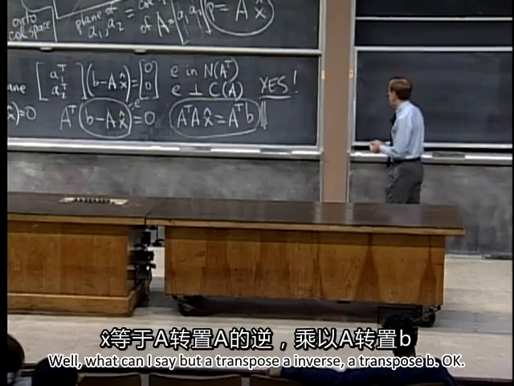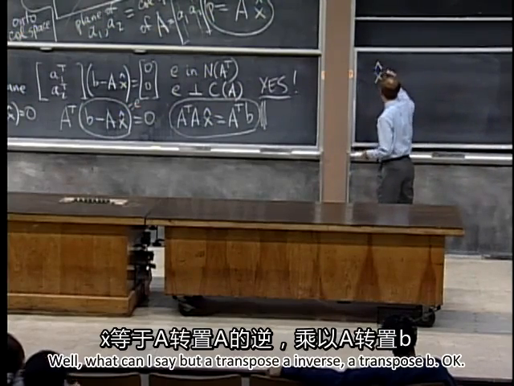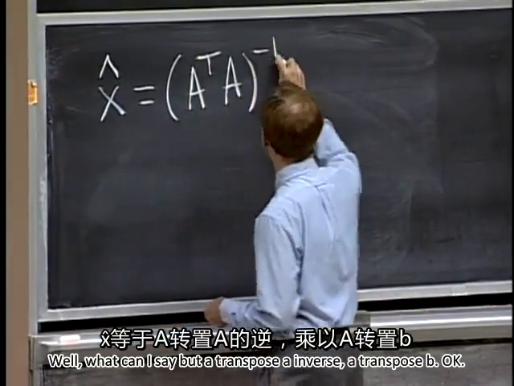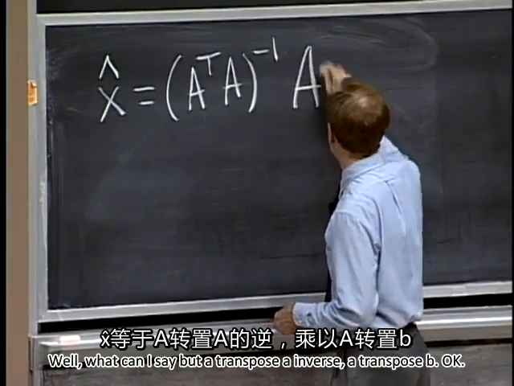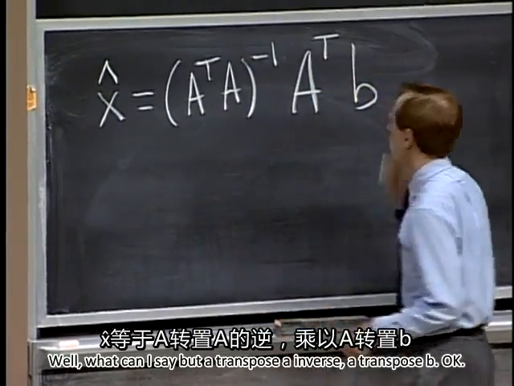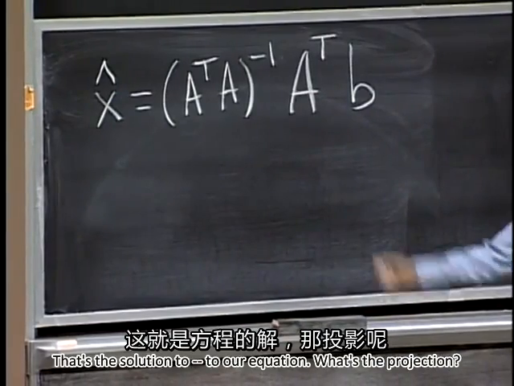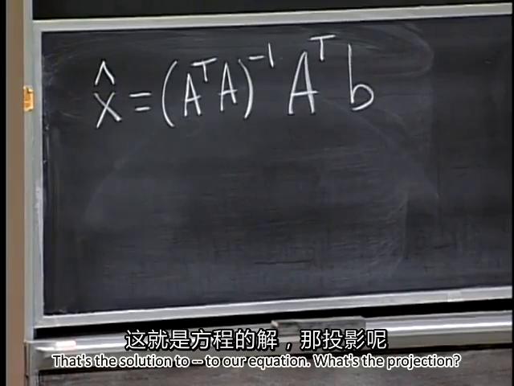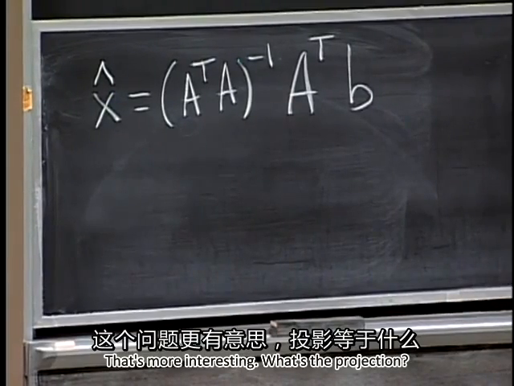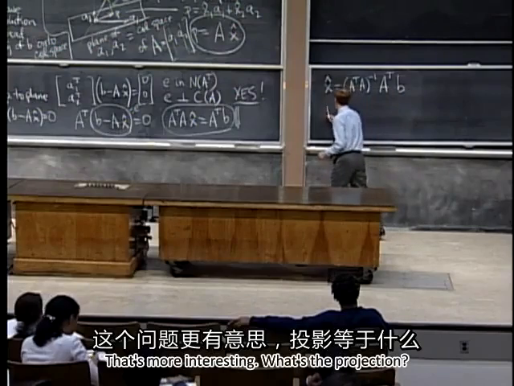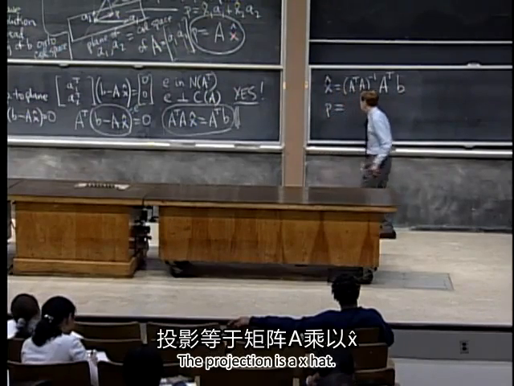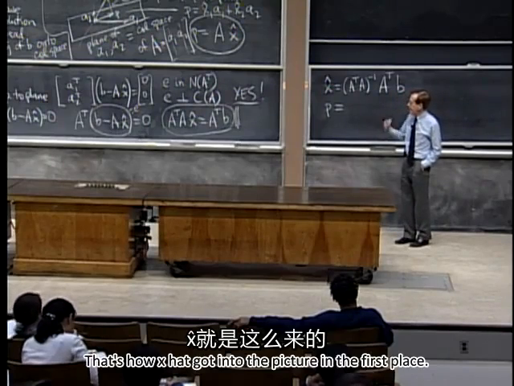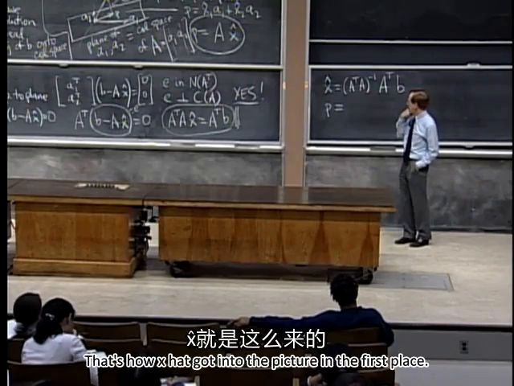Well, it's A transpose A inverse times A transpose B. That's the solution to our equation. What's the projection? That's more interesting. The projection is A x hat.